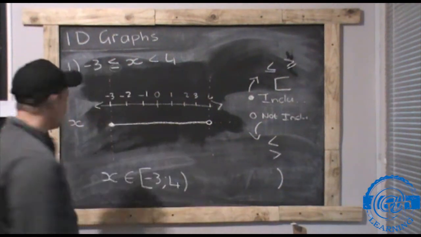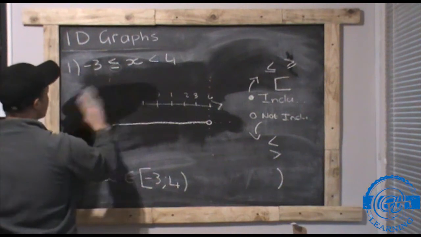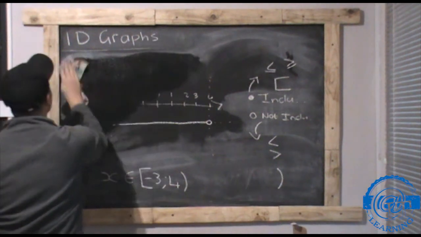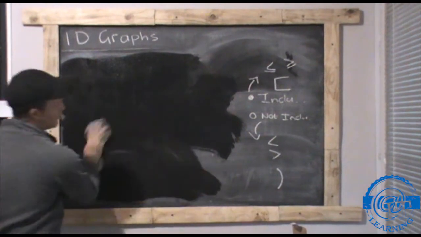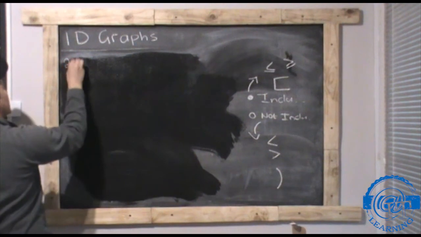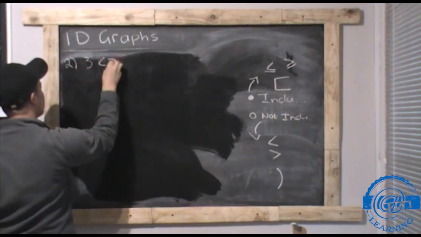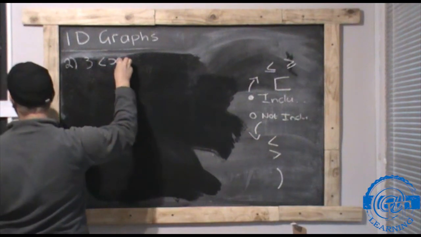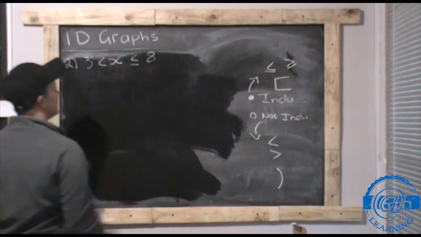Let's do another one to make sure you get the whole concept of how it works. Call it example 2, and it is 3 less than x less than or equal to 8.